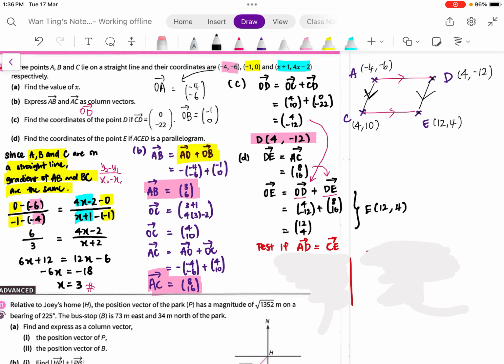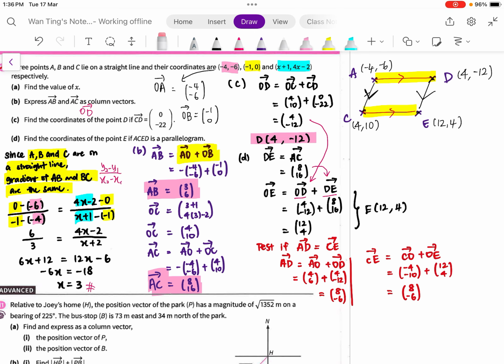It is not accurate, my drawing, but I want to prove that these two lines are actually the same vectors. Let us take a look at AD first. To find AD is to find AO, which is the coordinate of A. Using the coordinate of A, AO plus OD, I get AD. Next, how to find CE? C to O, O to E.